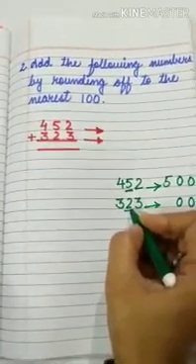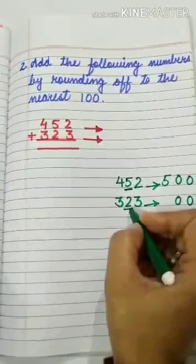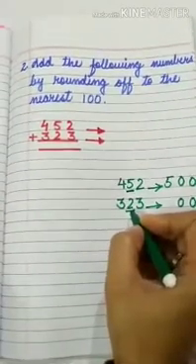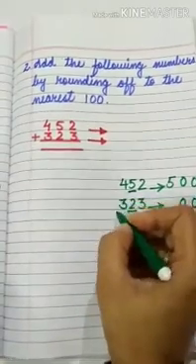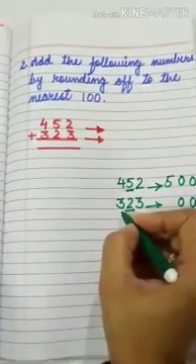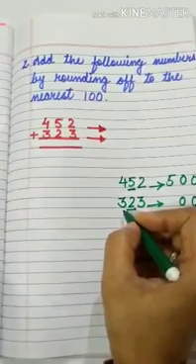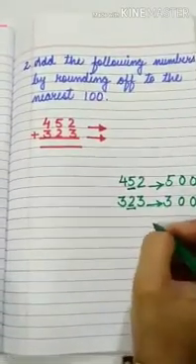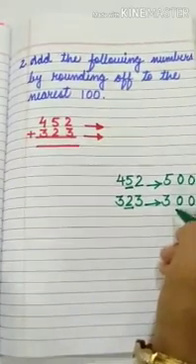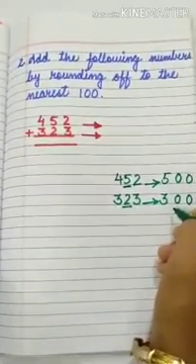Now what is 2? It is smaller than 5, right? So whenever the tens place digit here is smaller than 5, then there will be no change at the 100 place. So there will be no change at the 100 place, right? So we can write down 3 as it is, right? So these are the rounding of the numbers here.